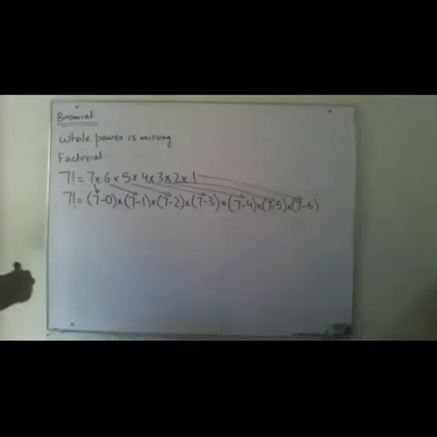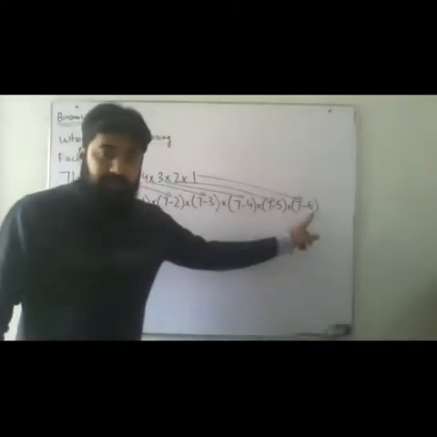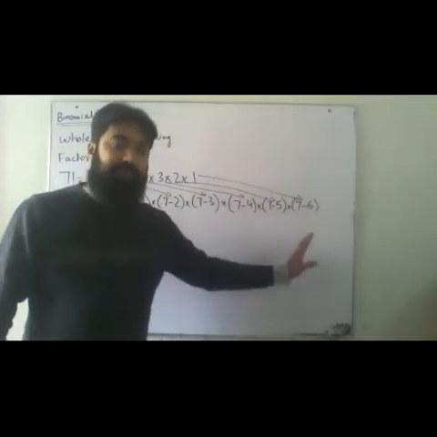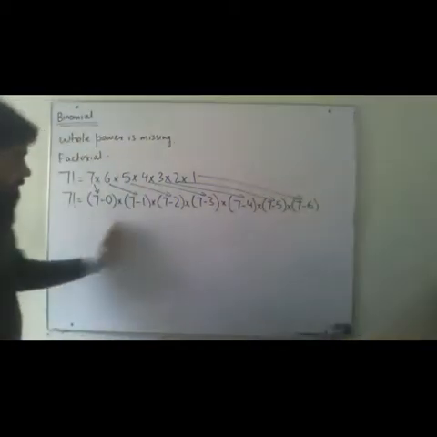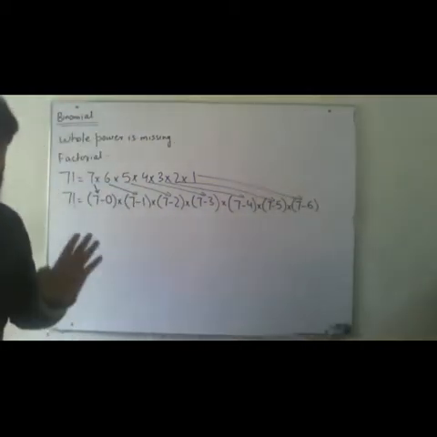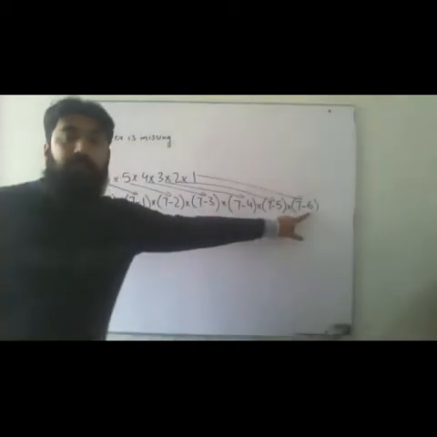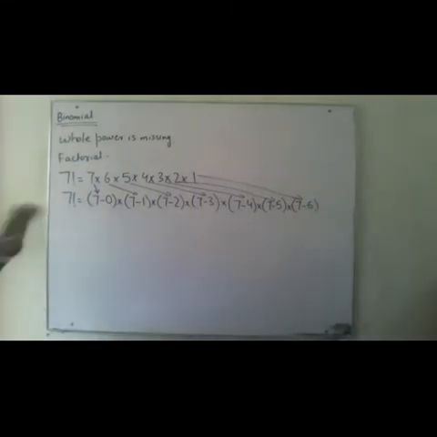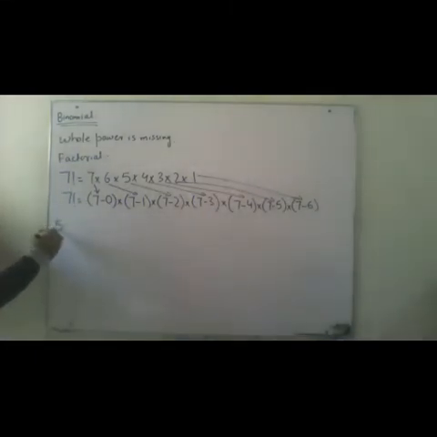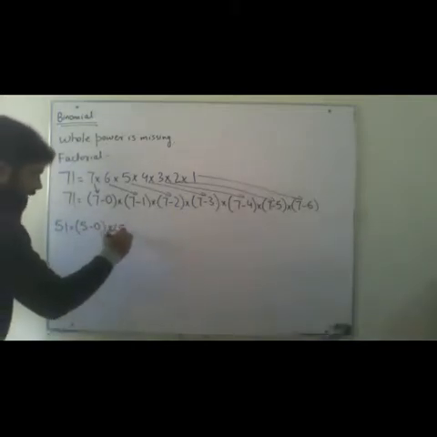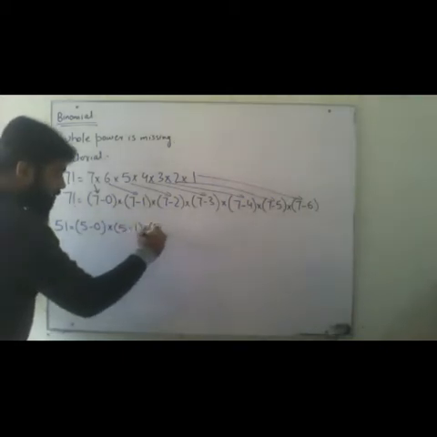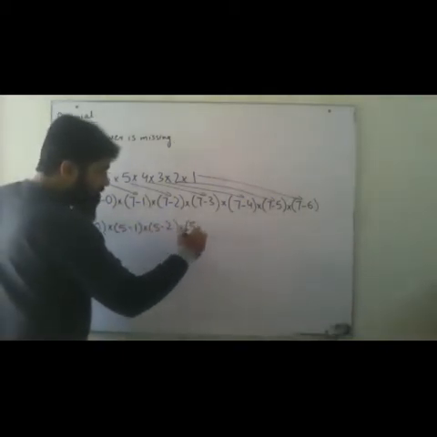Now see, the last number over here, I haven't written 7 minus 7. I have stayed till 7 minus 6. It means when you are working with factorial, the last number being subtracted is always one number less than your given number. For instance, if I am writing 5 factorial, so 5 minus 0, 5 minus 1, 5 minus 2, 5 minus 3, 5 minus 4.